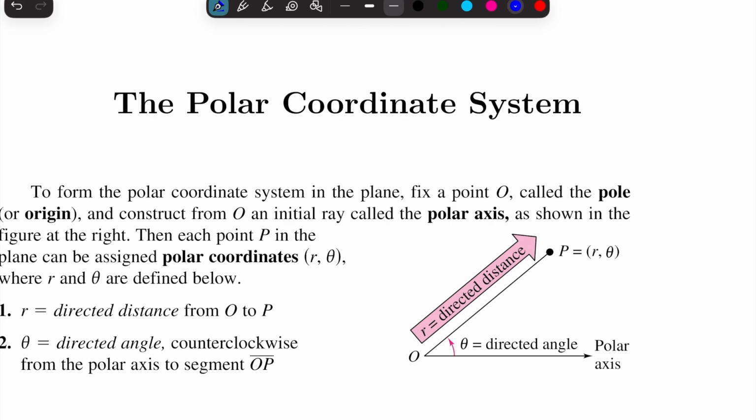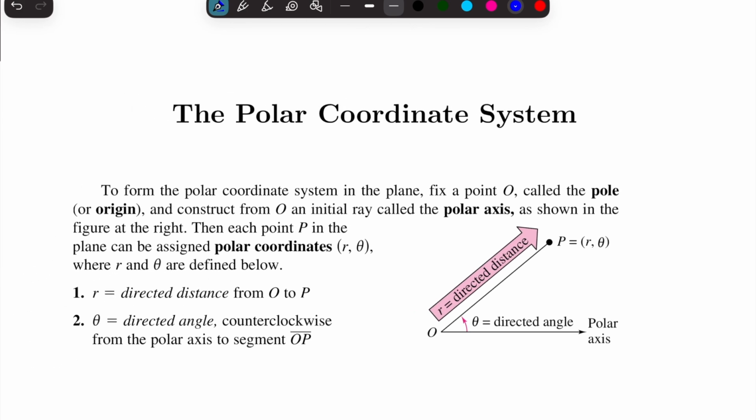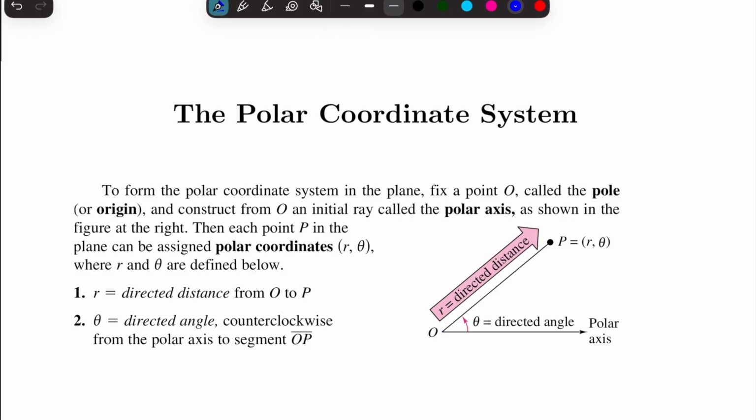All right, so the polar coordinate system, we start with a fixed point O. We call that the pole. This is where we're measuring from. So this tends to be the origin when we are setting up on our familiar Cartesian plane.